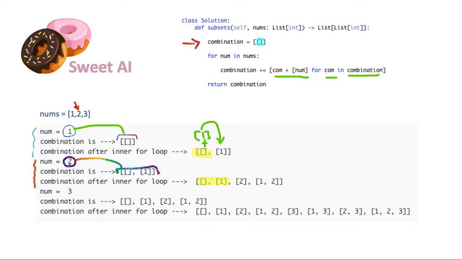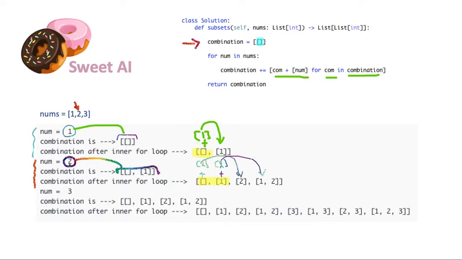We are going to append 2 to the previous elements that we have. So this is what is happening here: 2 plus an empty list is going to generate 2, and 2 plus 1 is going to generate 1 and 2, this list, right?